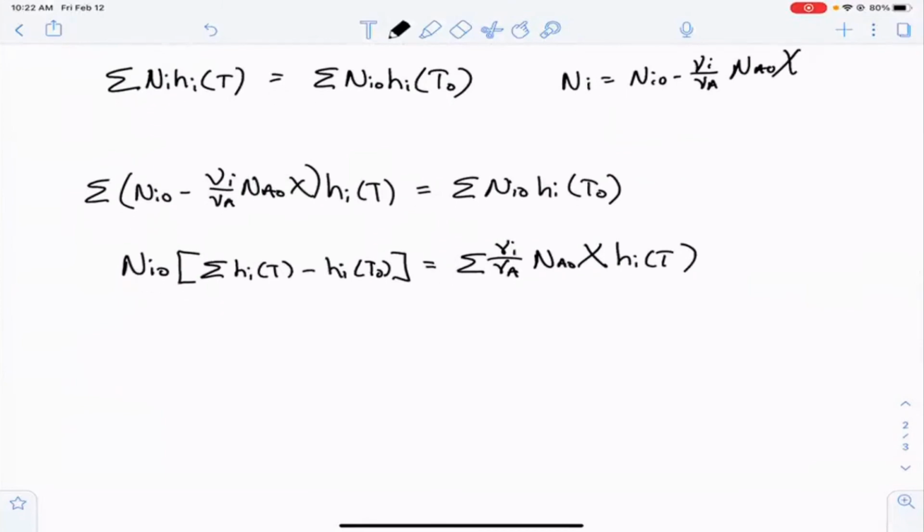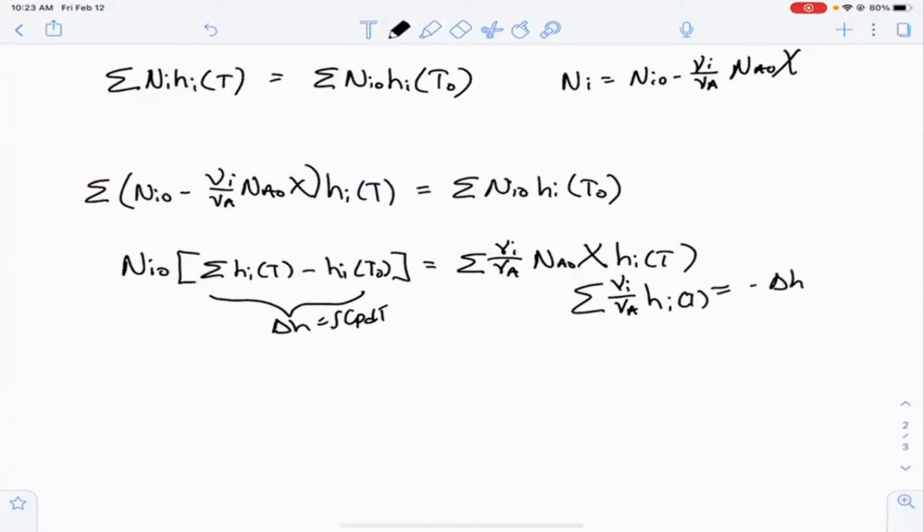Now, we know some of these already. Remember that this thing is just delta H, right? Which is just the integral of Cp dT, right? And we also know that the ratio of the stoichiometric coefficients times Hi of T, or the sum of those, is just equal to minus delta H per mole of A, right?